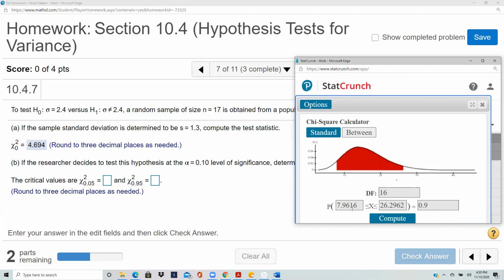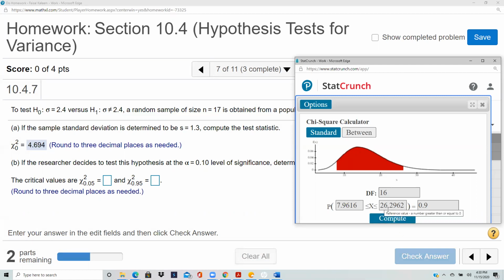So 7.962 and 26.296. Now, the convention is that actually here they're forcing us to write a certain order. So the chi-square of the lesser value, that's actually the right value.